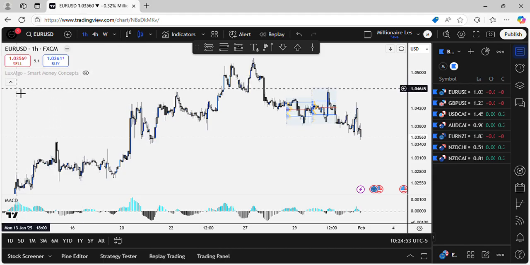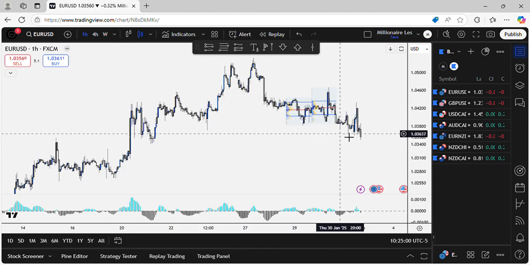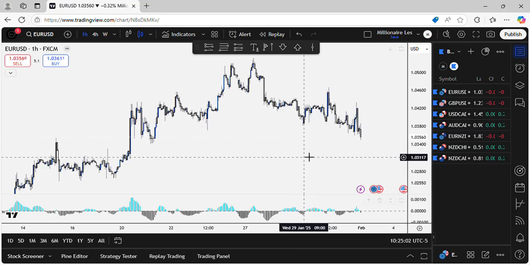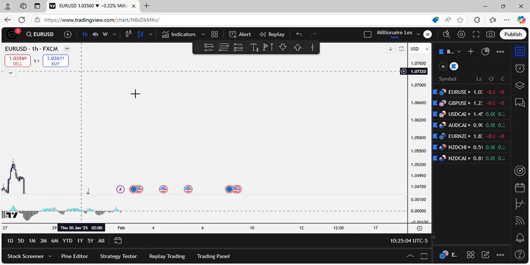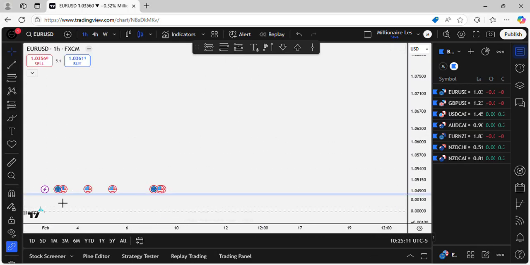So first things first, volume profile, right? Usually when you have your volume, it shows on the bottom.